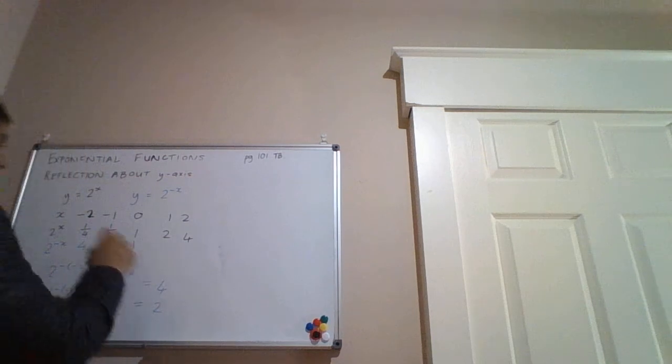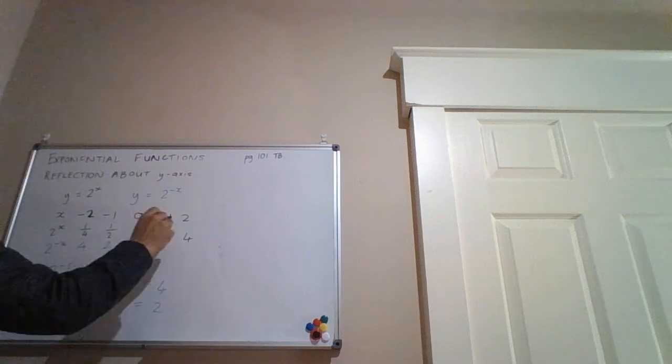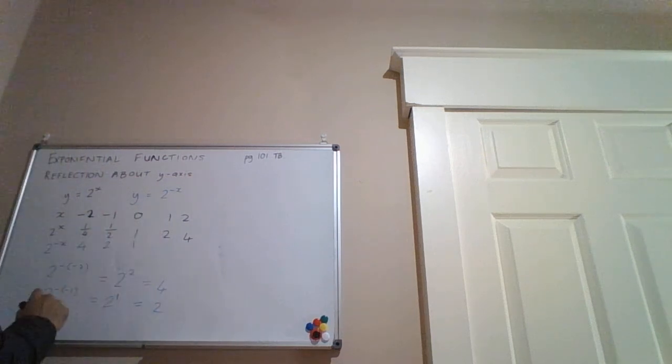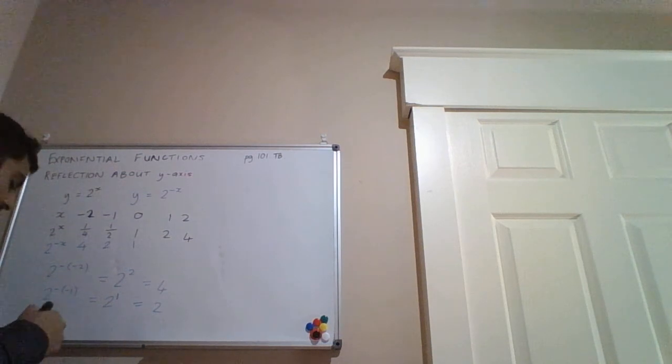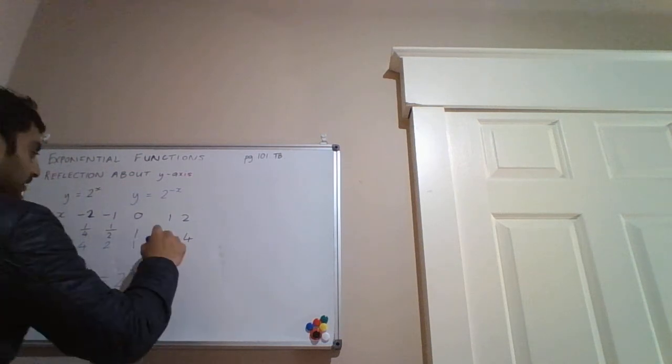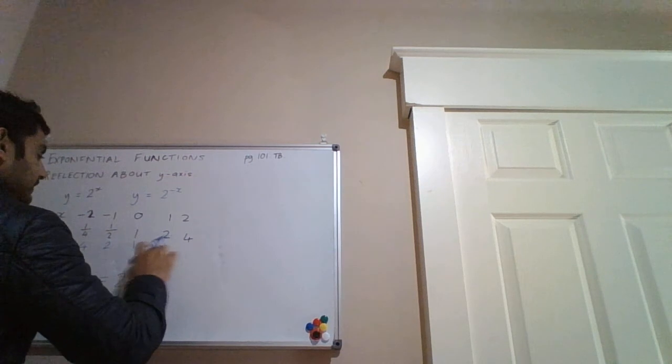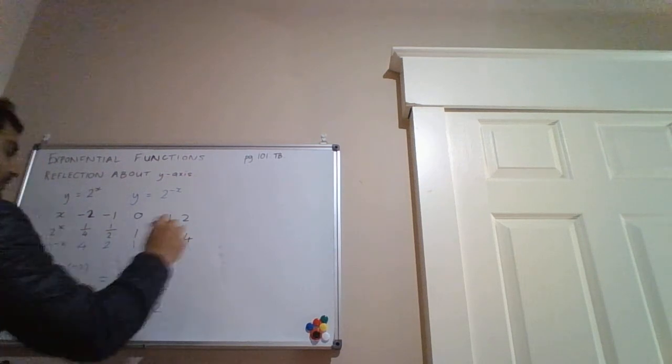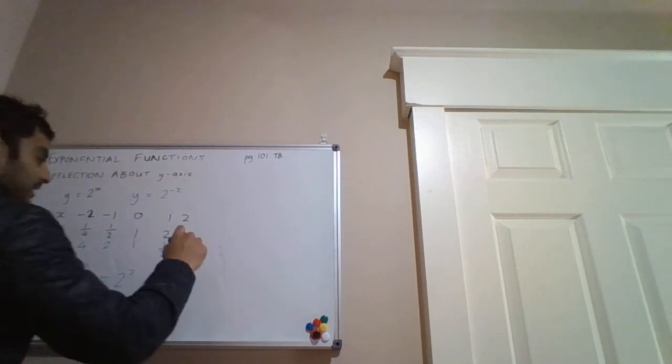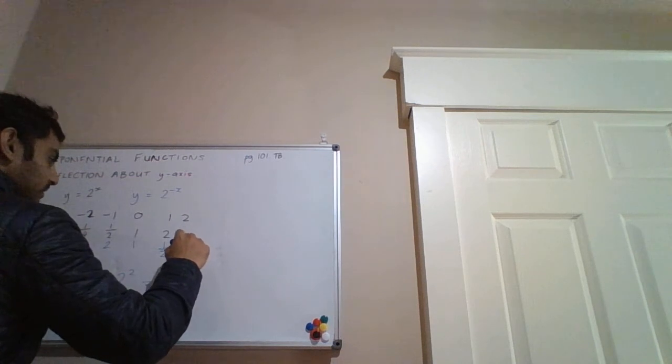For the next point, we have 2 to the power of negative 1. That should give us a half. And for the last point, 2 to the power of negative 2 is a quarter.